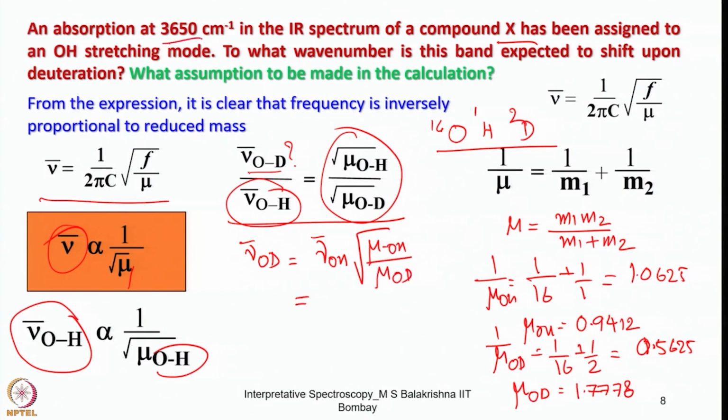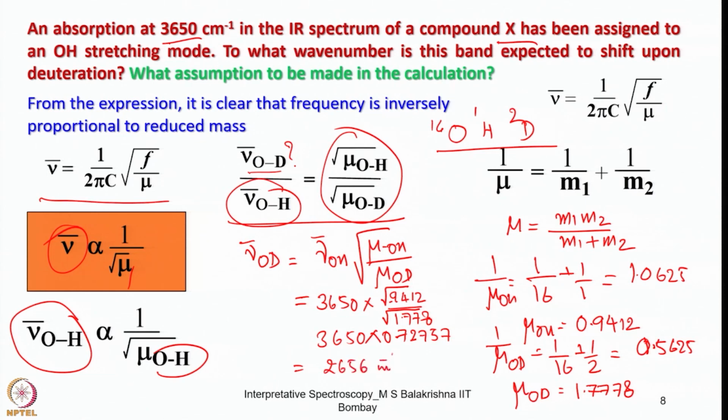This value is already given, 3650, multiplied by the square root of the ratio of the masses, which comes around 0.72757.